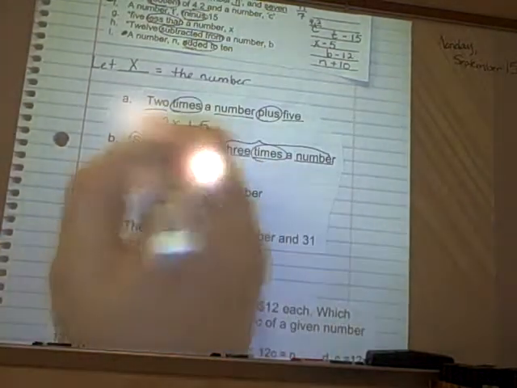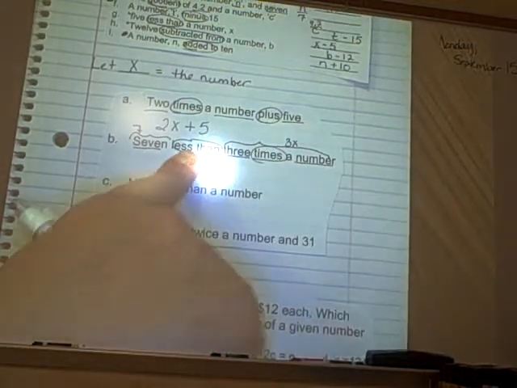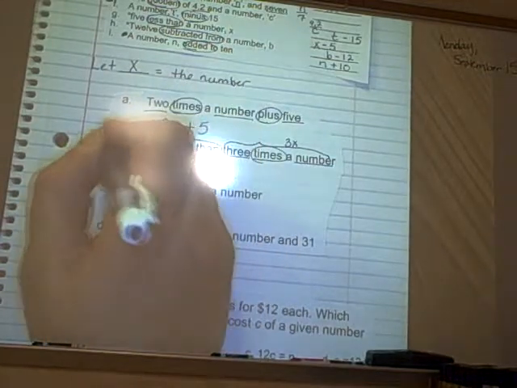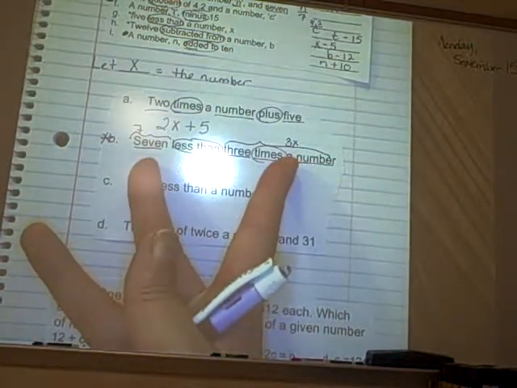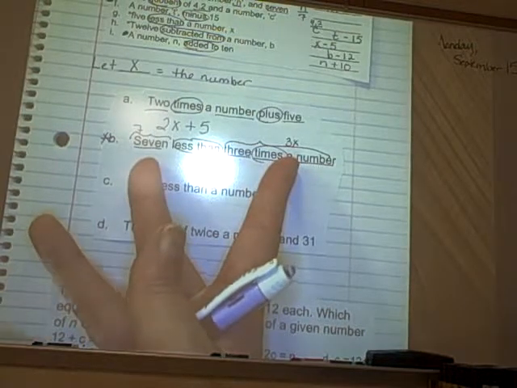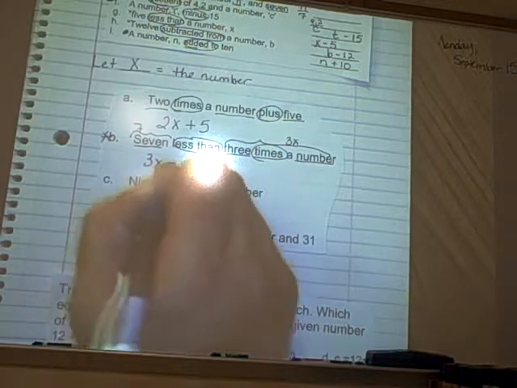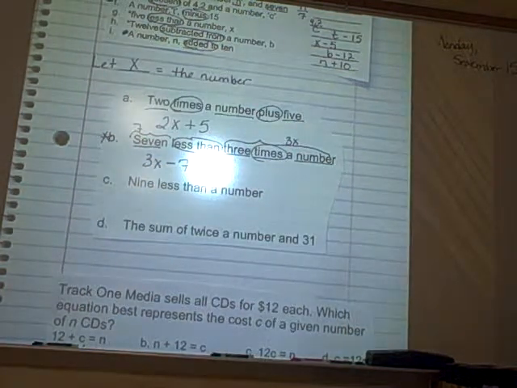And less than, what do I know about that? It's a switch. I've got to flip-flop the 3x and the 7. So it's going to be 3x minus 7 because less than is a switch.